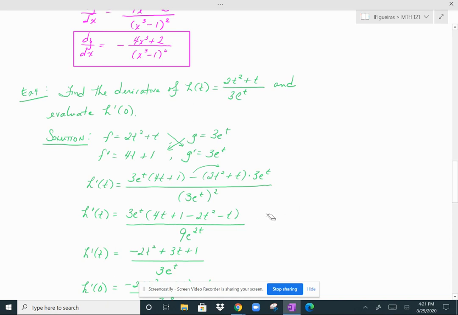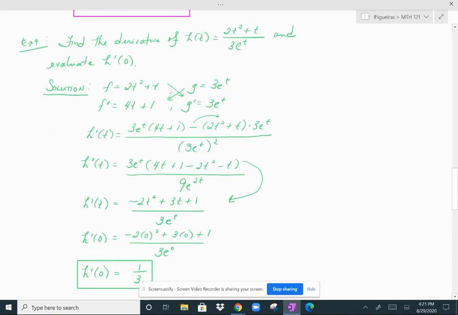e to the 2t. Remember, with exponents, you multiply the exponents. So when you have a power raised to a power, it becomes e to the 2t on the next line. All right, so inside of the parentheses, I do have like terms. So this becomes negative 2t squared plus 3t plus 1.